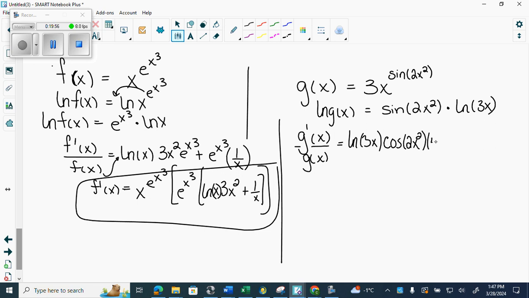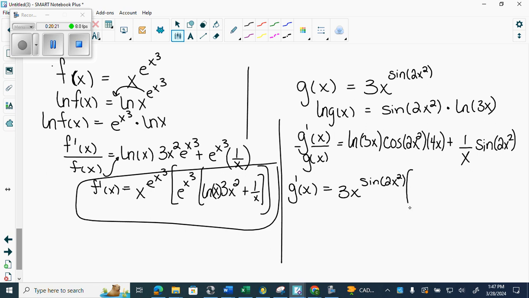Okay, and then we're going to get g prime of x equals 3x sine 2x squared, ln 3x cos 2x squared 4x plus sine 2x squared over x.